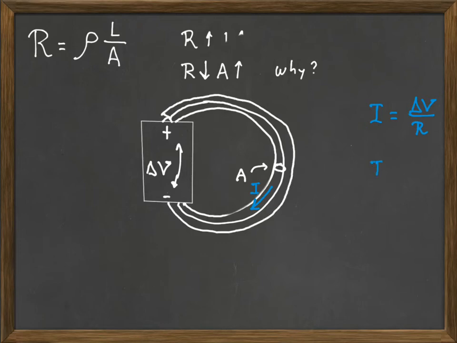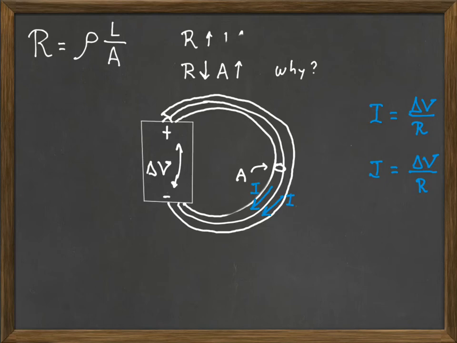Now imagine that we connect a second wire, identical to the previous one. We connect that wire again between the terminals of the battery. So the second wire, since it's connected to the same terminals of the battery as the previous one, will have the same amount of current. We said that the two wires were identical.